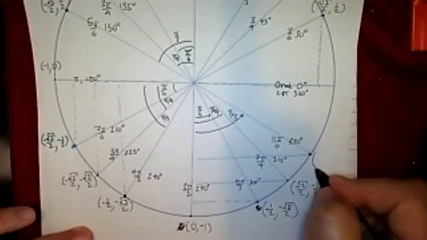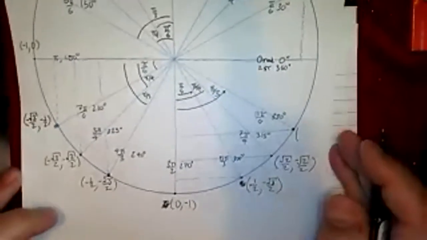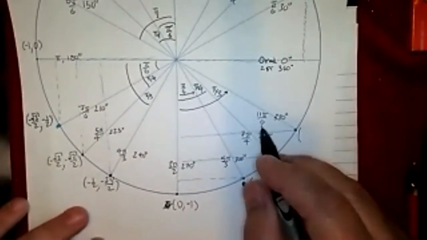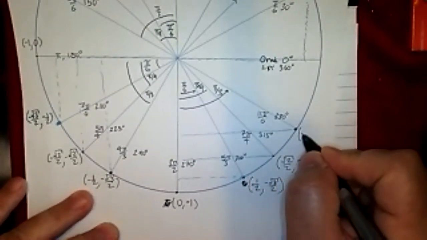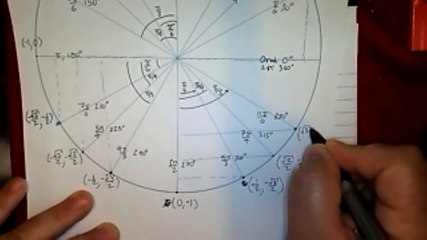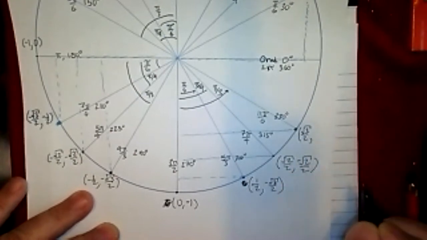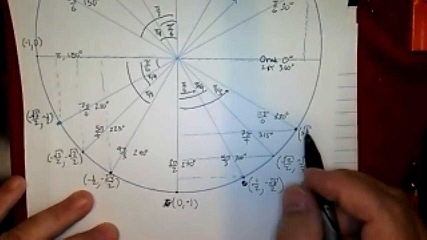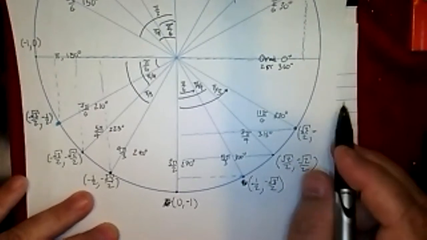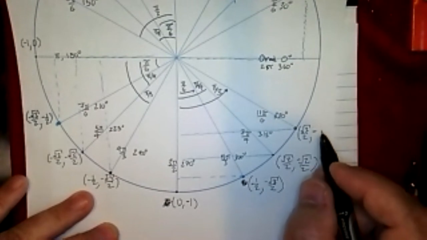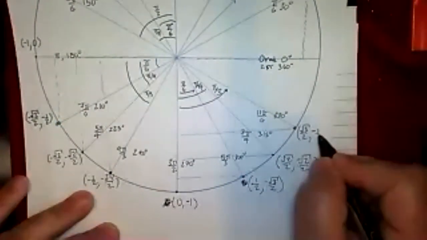So the x value is going to be the sine of pi over 3, and according to my triangle, the sine of pi over 3 is √3 over 2. And then finally, the y value is going to be the negative of the cosine of pi over 3, and the cosine of pi over 3 is 1/2.